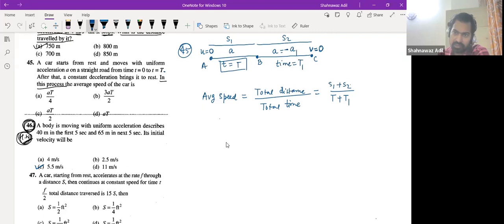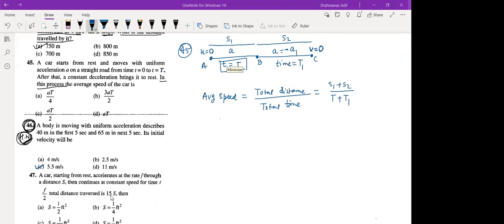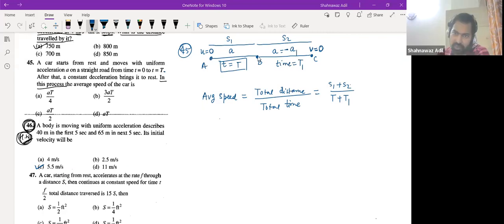Is this correct, guys? Yes. So this is what we need to calculate: the distance from A to B and the distance from B to C. So what would be the distance from A to B?